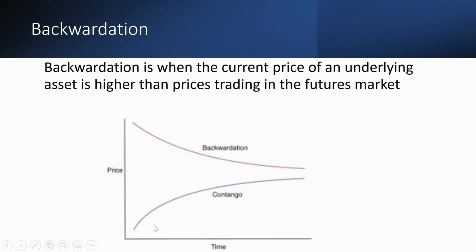So you can see in contango, the curve is on the upside, whereas in the backwardation case, the curve is on the downside. So in future, the prices are much lower relative to what they are now. And that's what happens in an anomaly sort of situation or abnormal market situation.